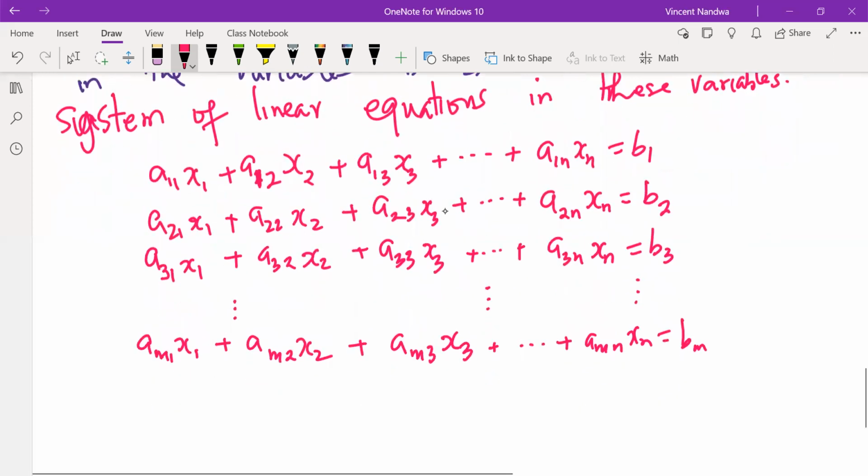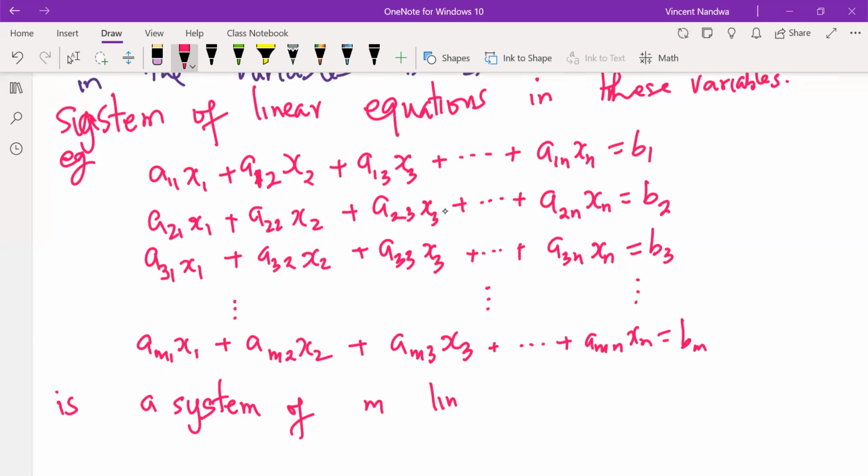This one is called a system of m linear equations in n variables.